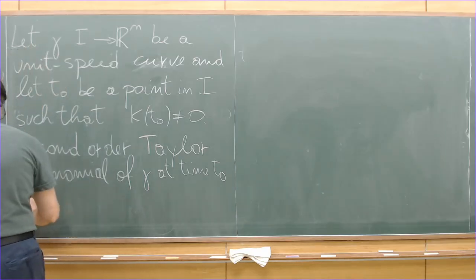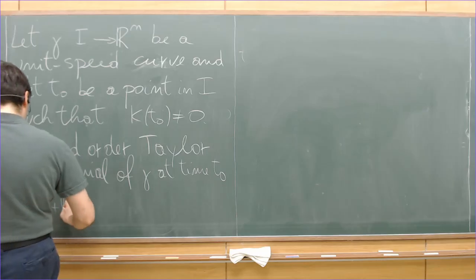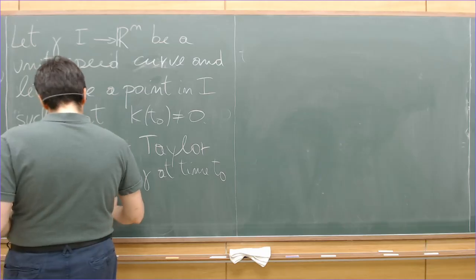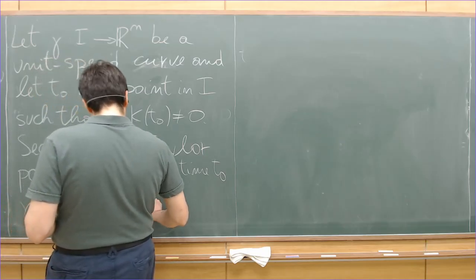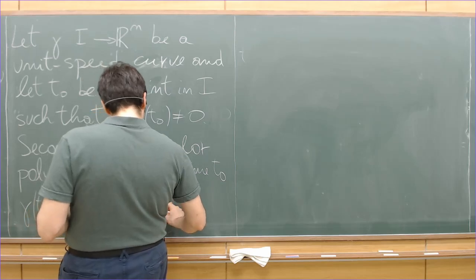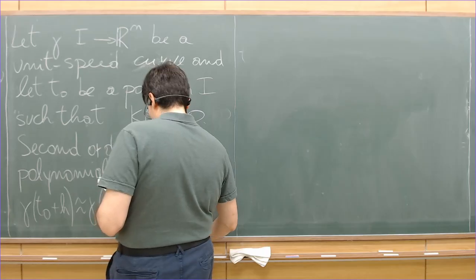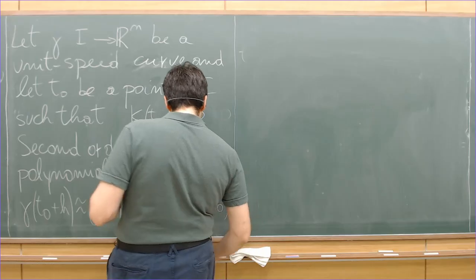This is given by the following formula: gamma of t0 plus h is approximately equal to gamma of t0, plus h gamma prime of t0, plus h square over 2 gamma second of t0.